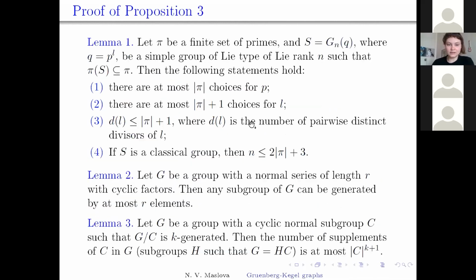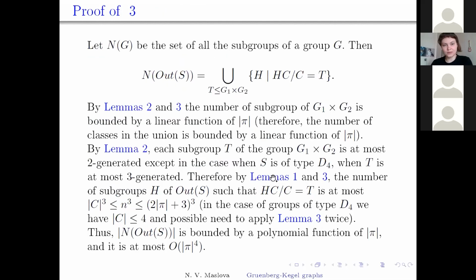And let us look at these lemmas. We can try to estimate the number of subgroups of G1 times G2. The number of subgroups of G1 times G2 is bounded by a linear function of the order of pi. So the number of classes in this union is bounded by a linear function of pi.